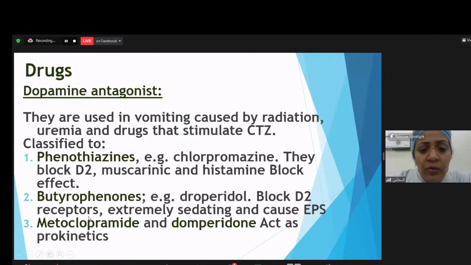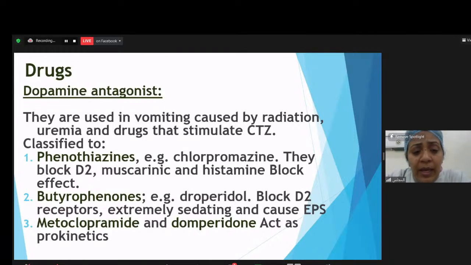We have the butyrophenones, which include droperidol. This is also one of the antipsychotic agents, and it causes extreme sedation with still extrapyramidal side effects. Metoclopramide and domperidone still have the same dopaminergic blocking effect, but they have another effect directly on the stomach.